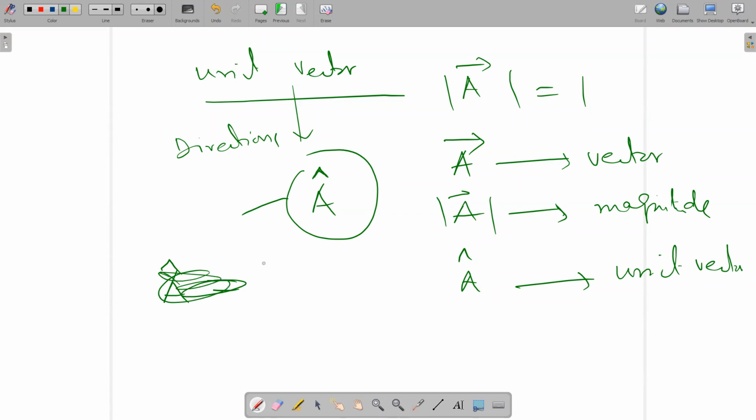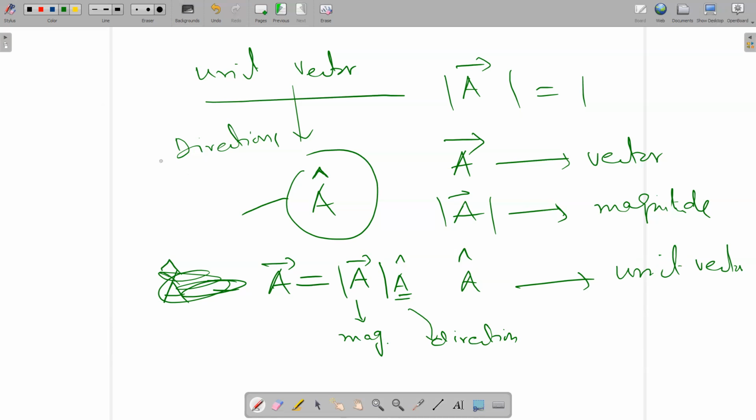You know that if I want to write a vector, it needs 3 things: one is the magnitude, one is the direction, and one is the unit. So if I write a vector, this vector has 3 things. Suppose one is the magnitude, and the other is the unit vector. The unit vector means direction. This is magnitude and this is direction.